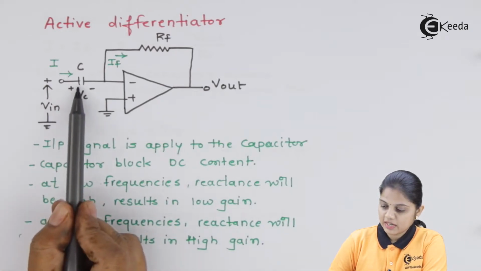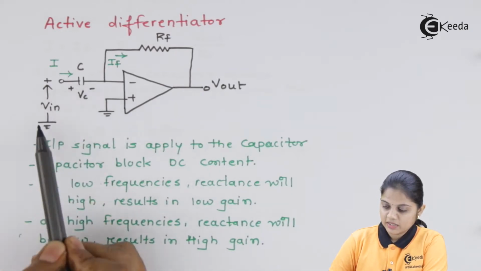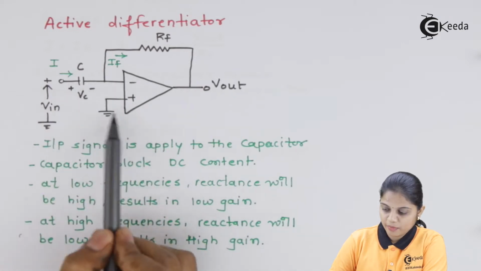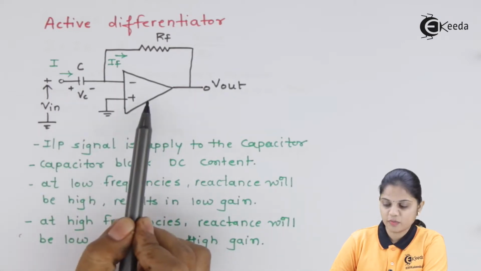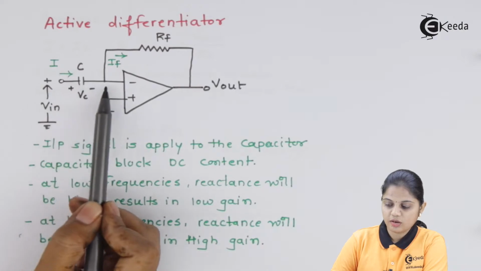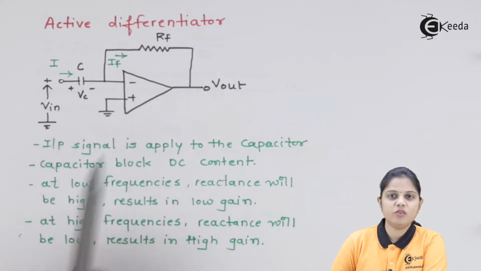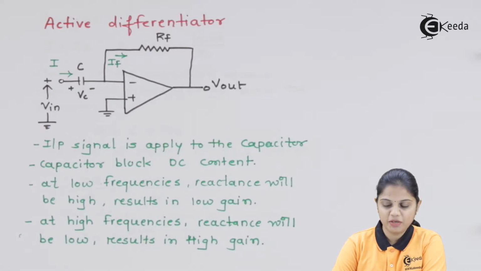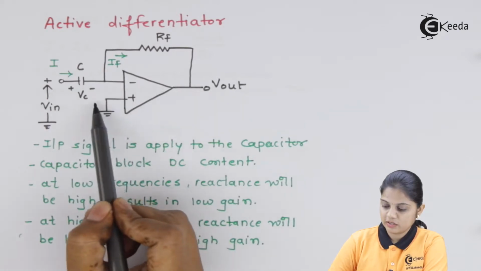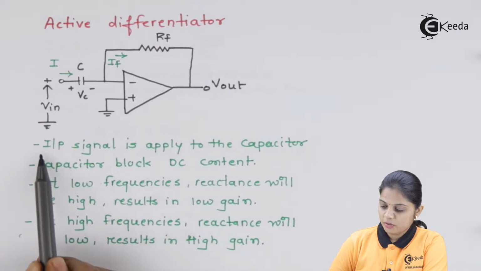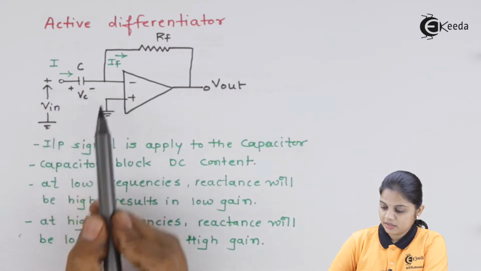So here the capacitor is connected to the input, that means the input which is to be processed by the op-amp is given through the capacitor to the inverting terminal. That means this is the inverting configuration of an operational amplifier, and the non-inverting terminal is grounded. So the input signal is applied to the capacitor.